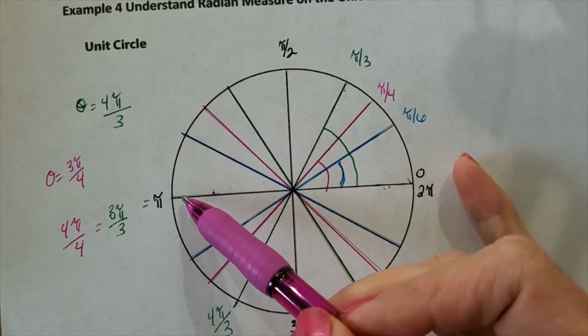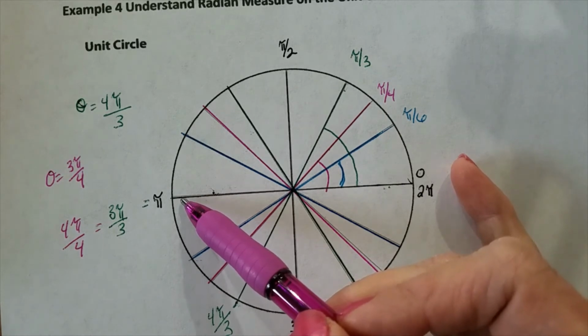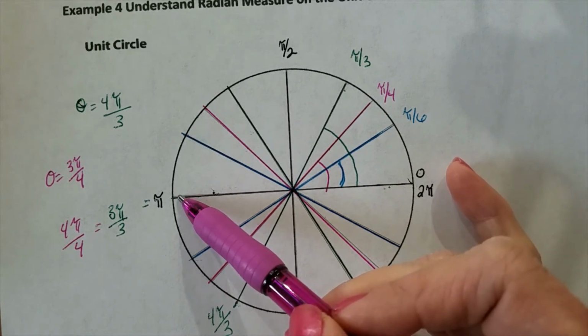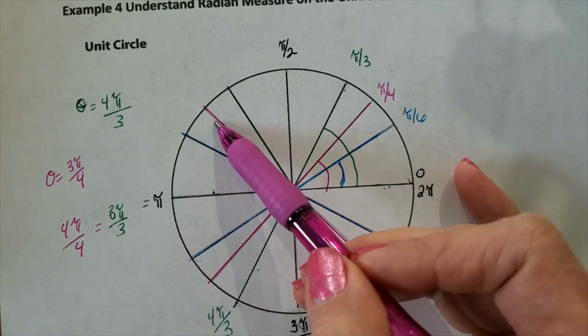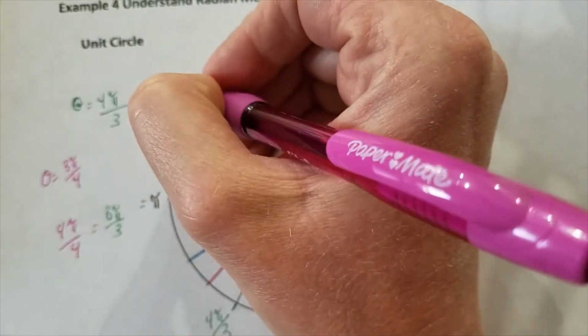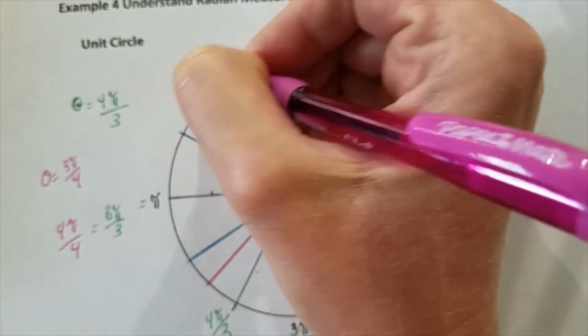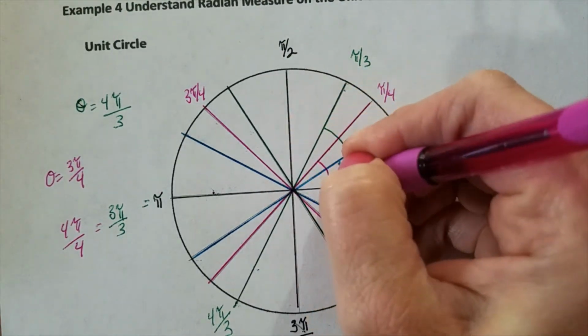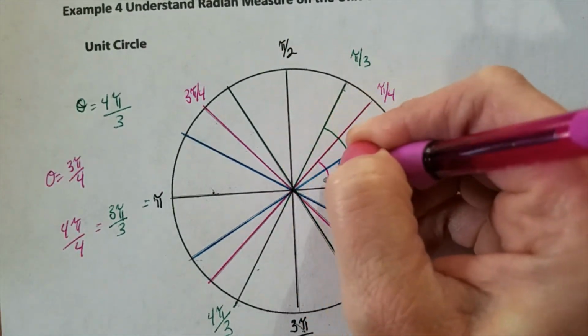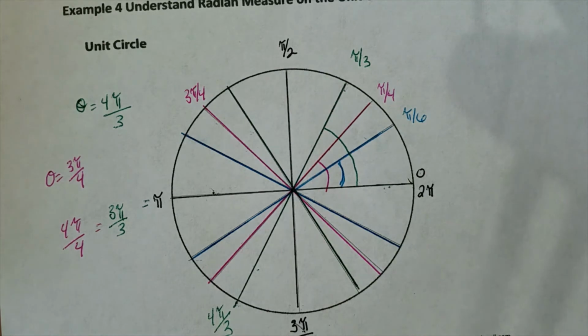That's too far. I am pi over 4 too far. I need to kick it back pi over 4. That's my reference angle. So right here, this is 3 pi over 4. And again, remember, I'm talking about the angle measure. Okay, we're going to start getting into doing a full-blown unit circle real soon, this week.